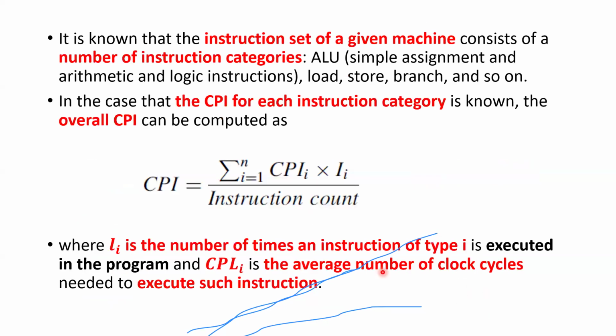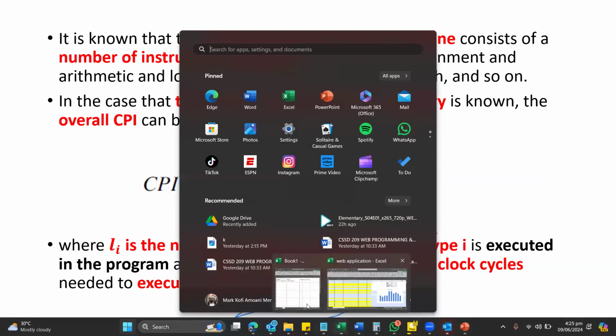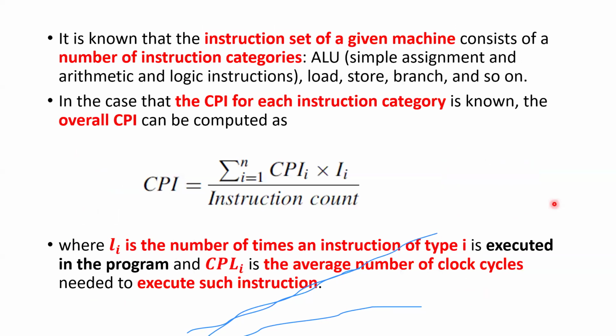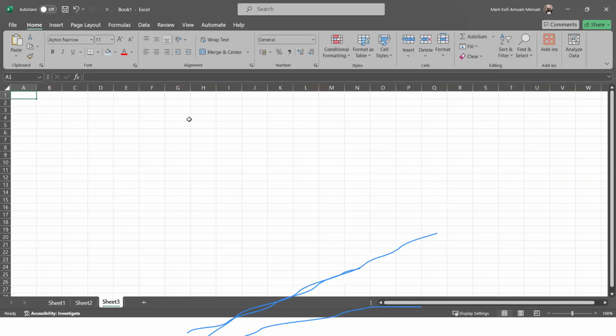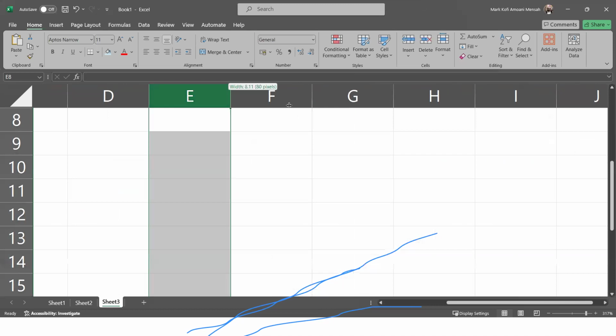Now, if we are taking this half of the question, CPI times I, forget about everything else, that alone means that we need to come in here. I'm in Excel now, right? Let me zoom in a bit, open it up a bit.